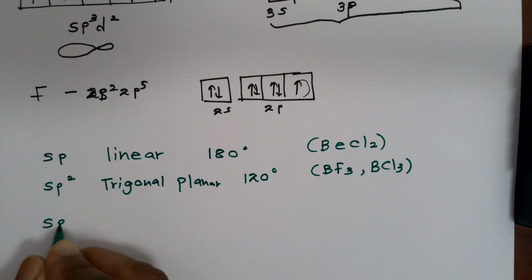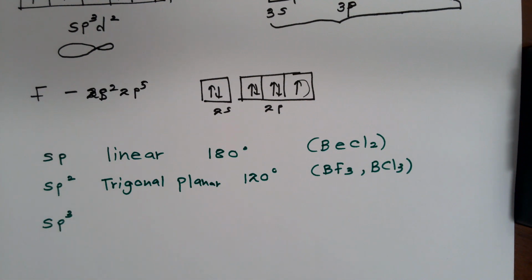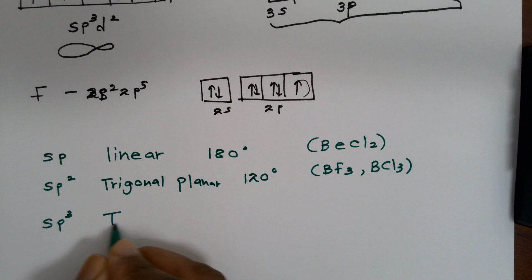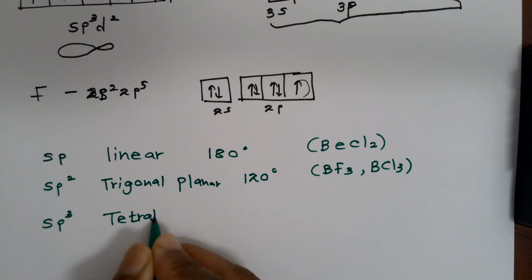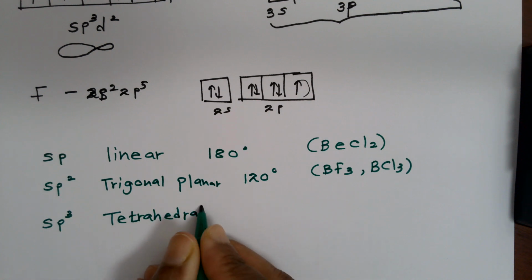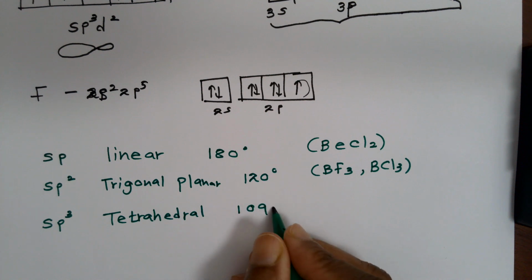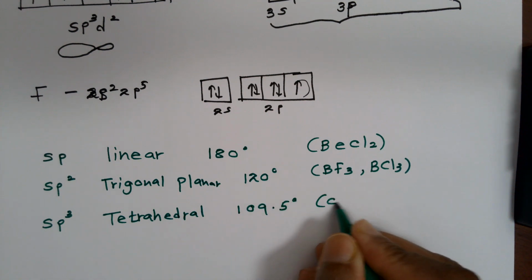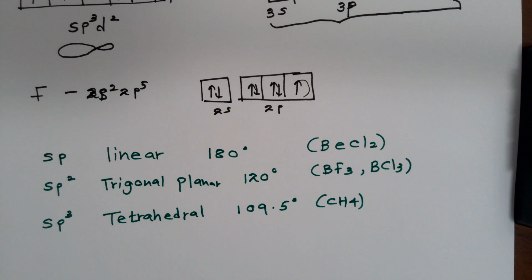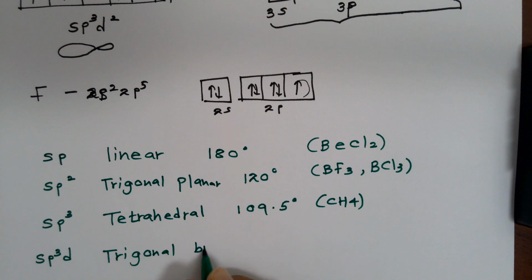And when we discuss sp3 hybridization, sp3 hybridization is tetrahedral. So tetrahedral bond angle is 109.5 degrees. Example methane CH4. And next we discussed sp3d hybridization, trigonal bipyramidal.